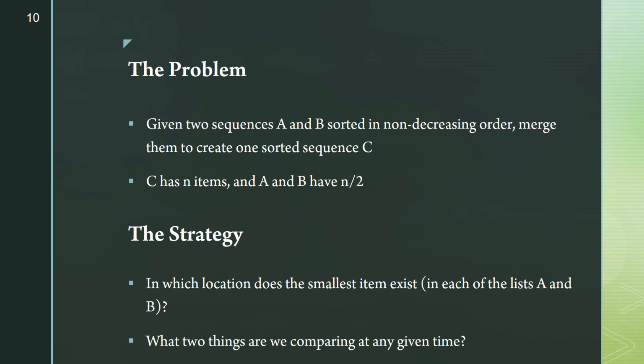Well, at the beginning or at the front. So if I wanted to find out the smallest item, I just have to compare the smallest item in A and the smallest item in B and choose which of those two elements is the smallest, and then continue picking out the next smallest and the next smallest in a similar way. So what two things are we comparing at any given time? Basically the head or the start of each of these lists.